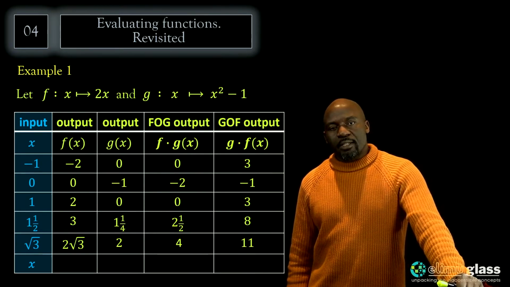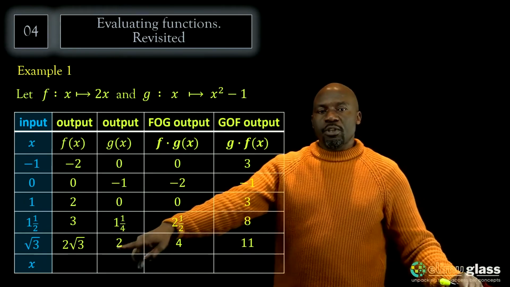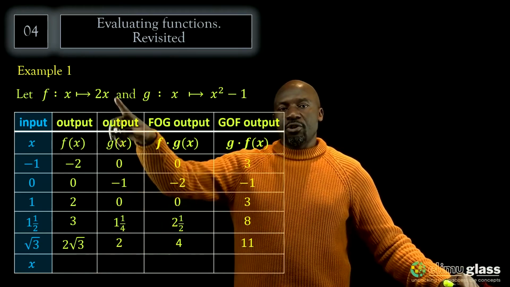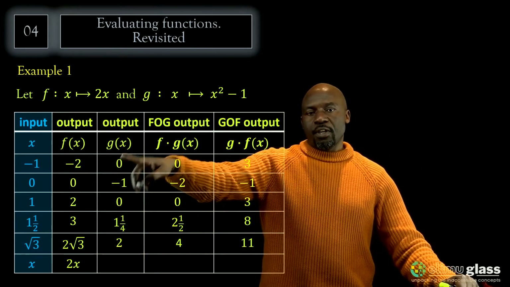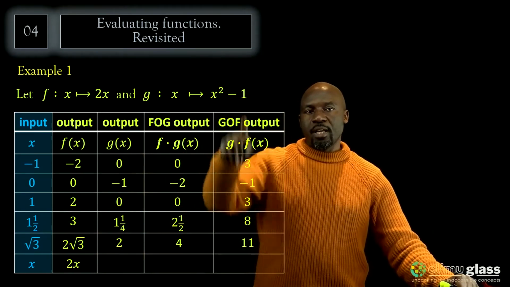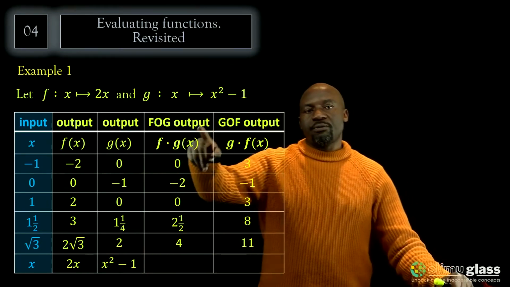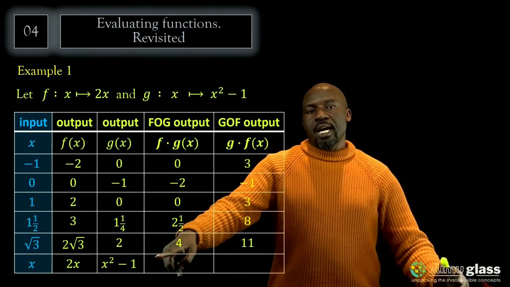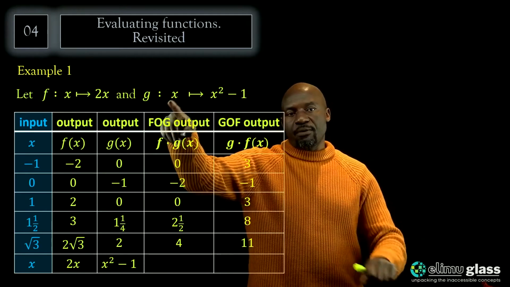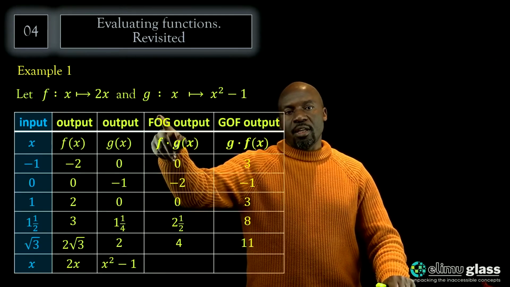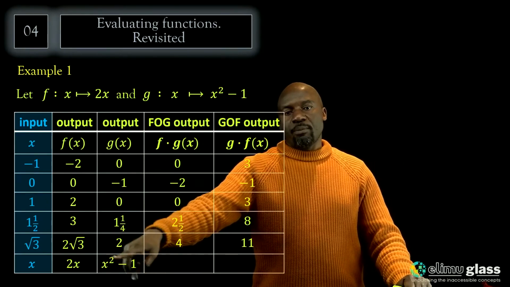All right, when the input is x, what do we get? F of x should be 2x, right? G of x should be x squared minus 1. But what is the composite function f of g of x? Because g is inside f, we are taking g and placing it in there.